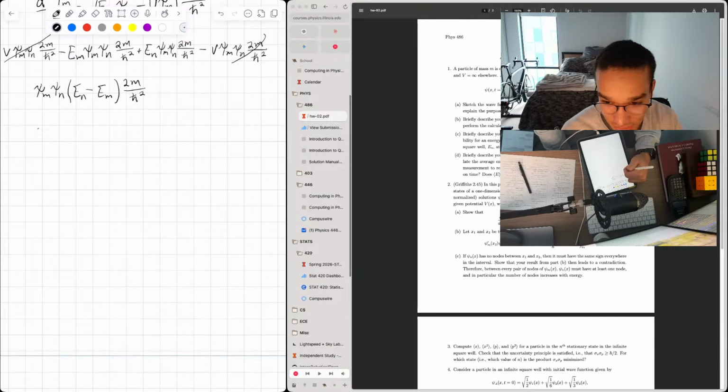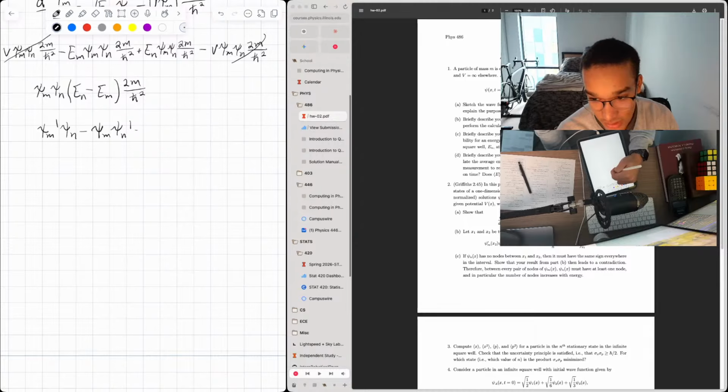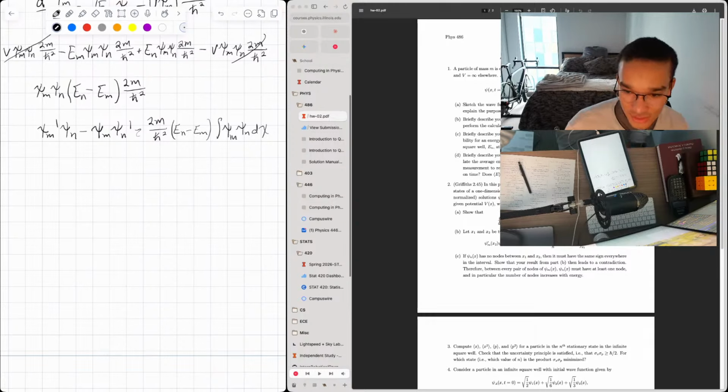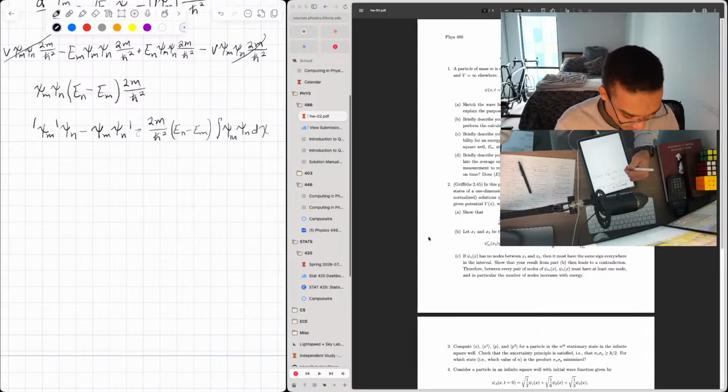And you're left with psi m prime psi n minus psi m psi n prime equals, this is all constants, and you get the integral of this. Literally, all you have to do is integrate this. We already proved that this is true, so you just integrate both sides with respect to x. And that's it.